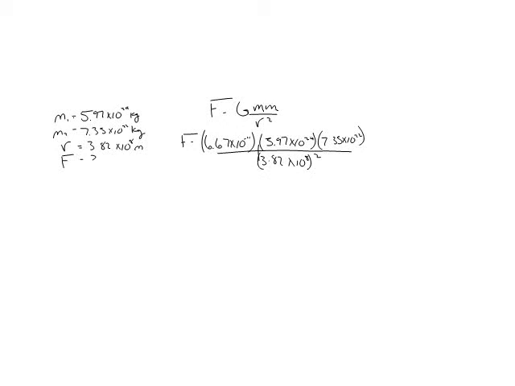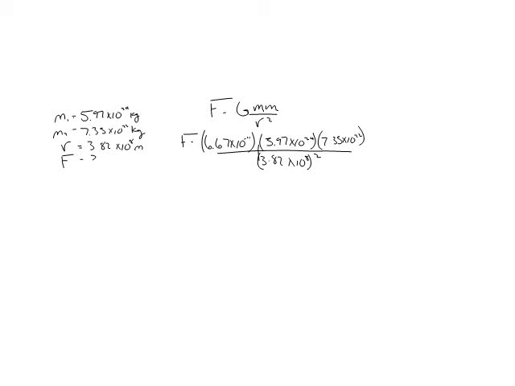Now, I would recommend using a 2-line calculator for this because not only is it very large scientific numbers, but if you make a mistake, it is really easy to go back and change one number. Whereas if you're using a 1-line calculator, going back is not really an option. So 6.67 times 10 to the negative 11 times 5.97 to the 24.